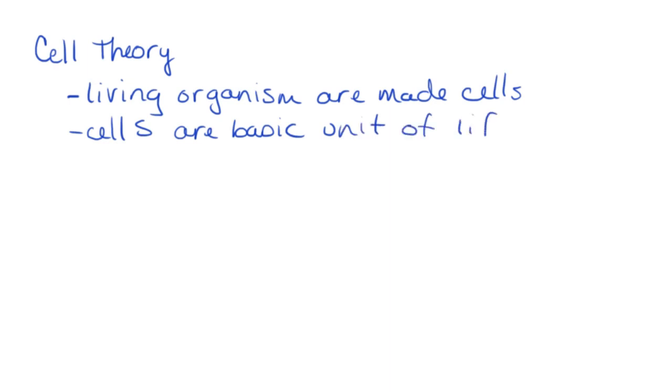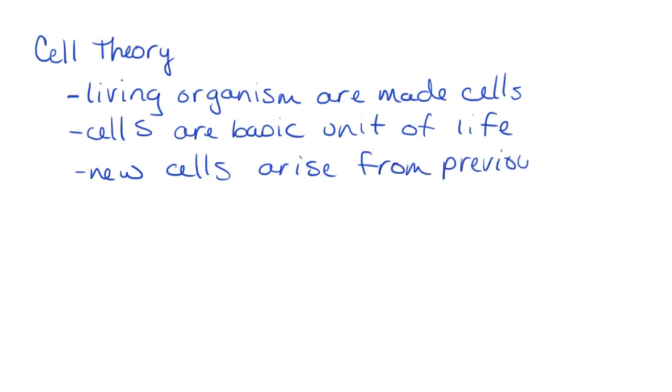And one other part of it is that new cells arise from previously existing cells. So these are the three major points of the cell theory.